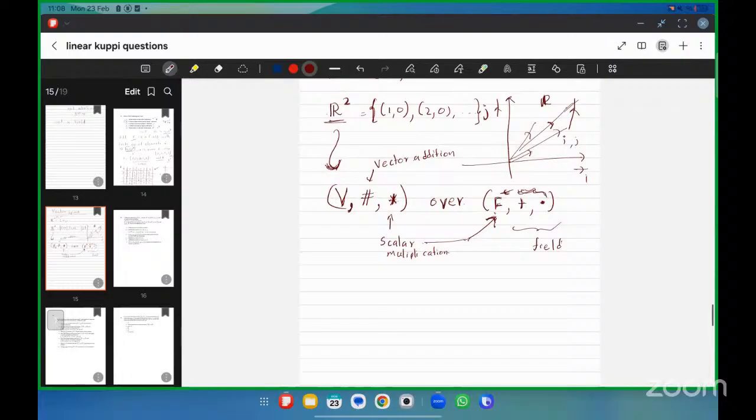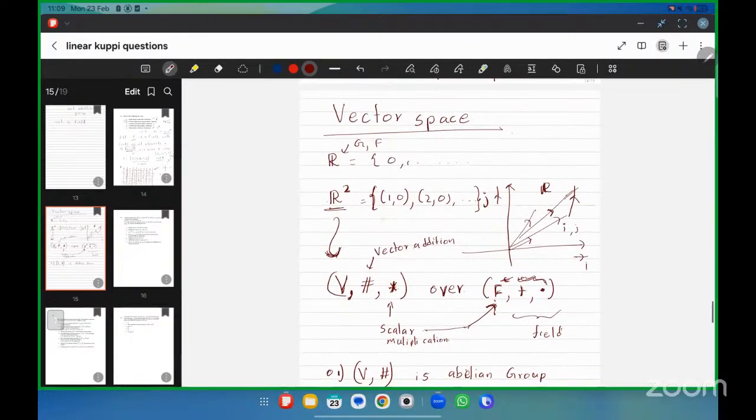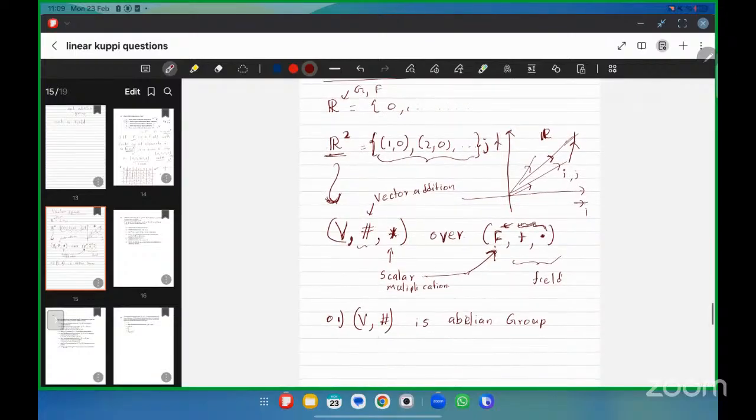Now we'll generalize the thing. There are 7 conditions. The first condition is that V with sharp is an abelian group. Anyway, it's also a set with one operation.